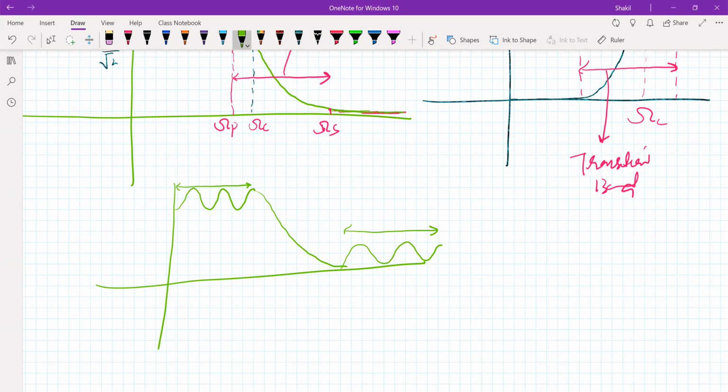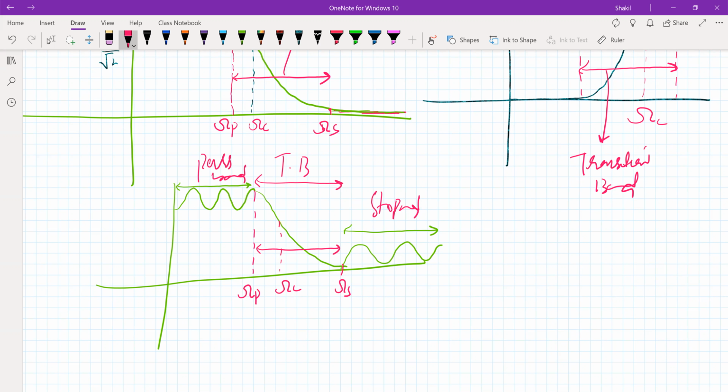So this is our pass band, this is the stop band, and this is referred to as the transition band, and this is the cutoff frequency. This is omega p, this is omega s, right? Between omega p and omega s we have the transition band.